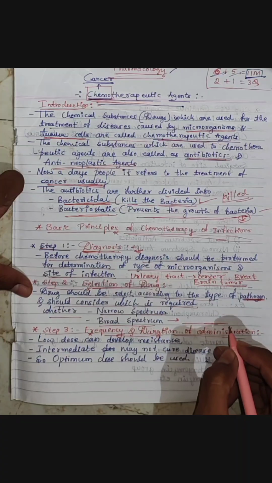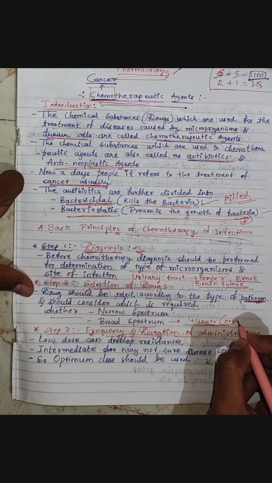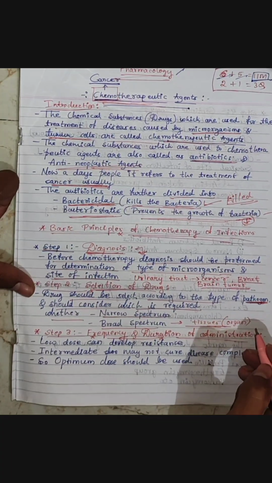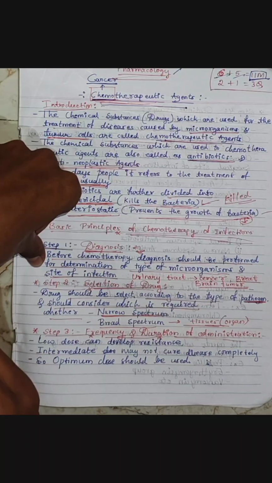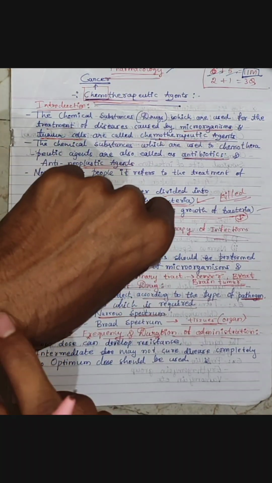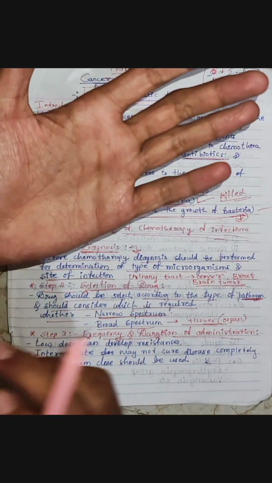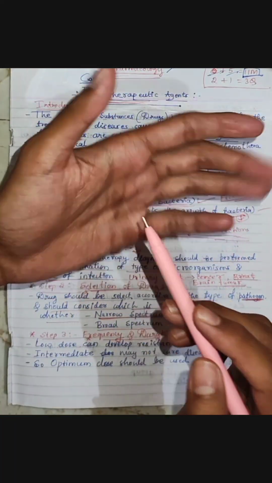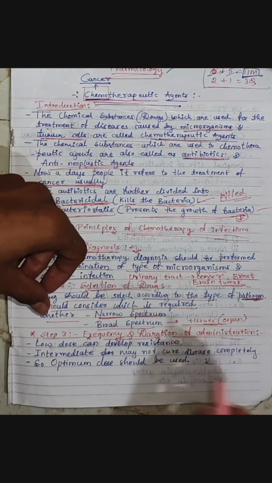Broad spectrum means very high tissues, the whole organ may be diseased. Narrow spectrum means a located area, like here, and heart, brain, etc.